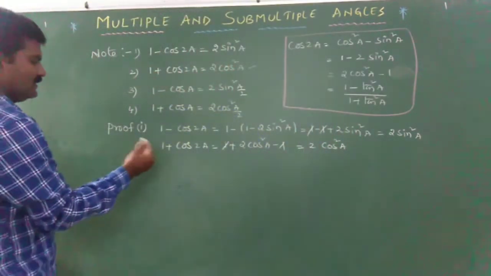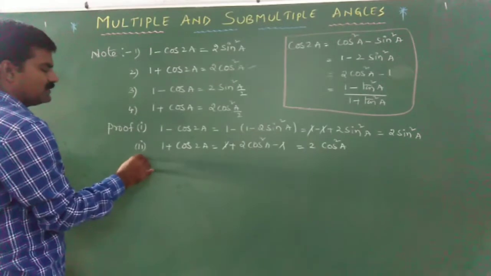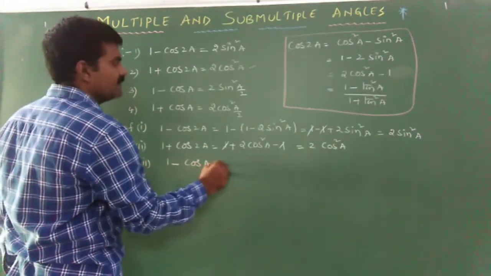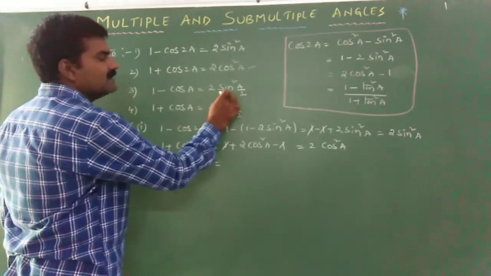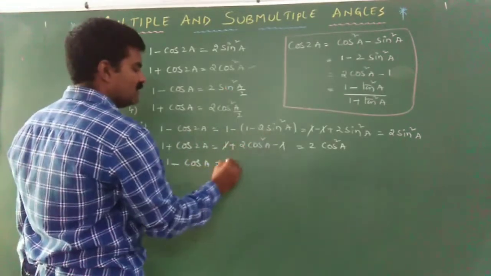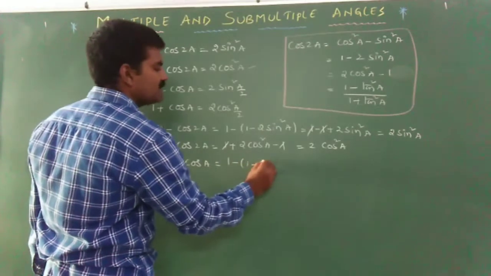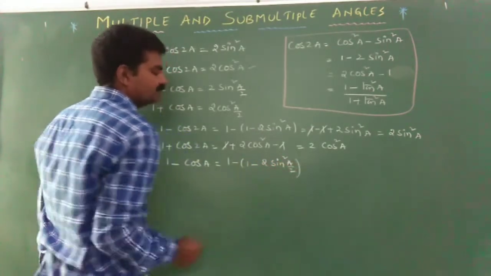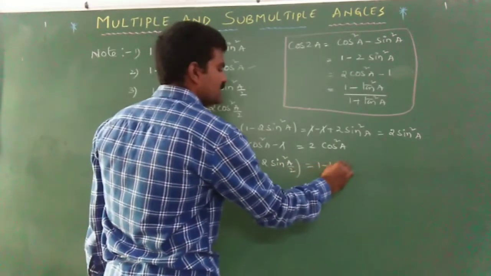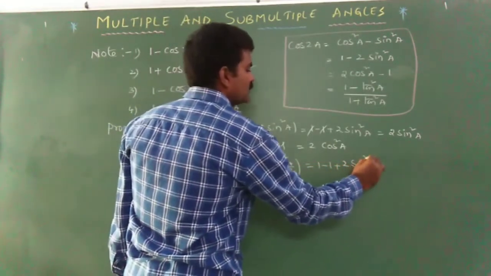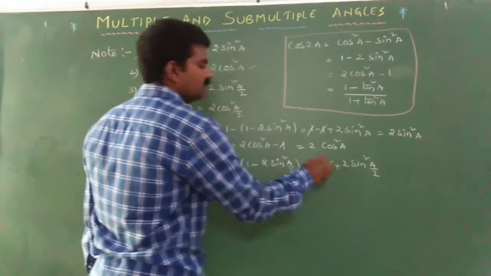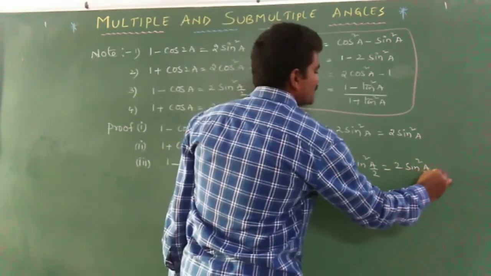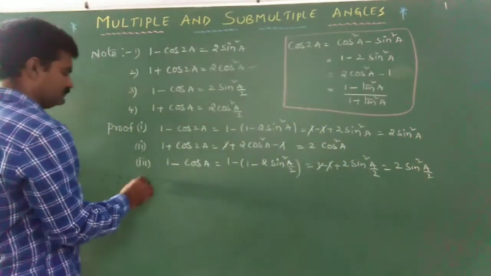Right? And similarly, coming to the third identity, 1 minus cos a, to convert into terms of sin, the same thing, 1 minus 2 sin square a by 2. So 1 minus 1 plus 2 into sin square a by 2. So after cancellation, which is equals to 2 sin square a by 2.